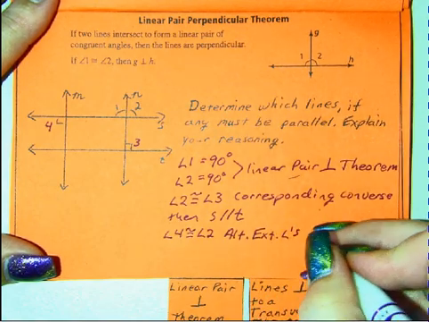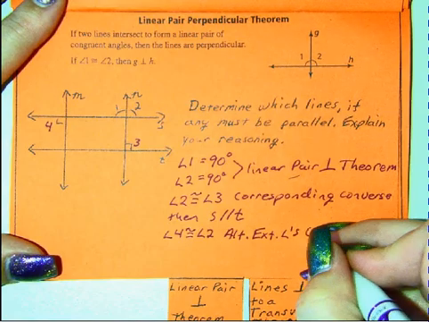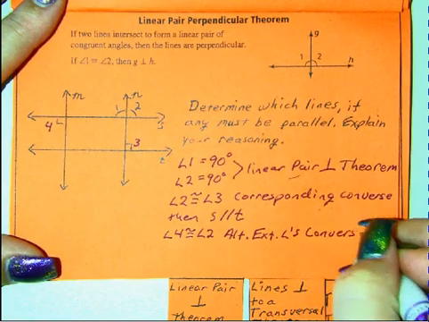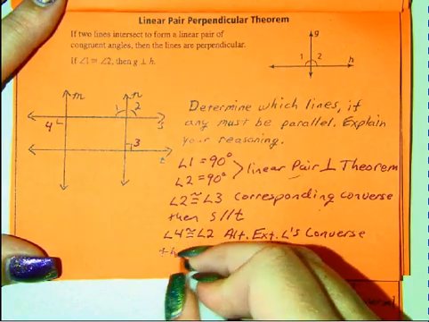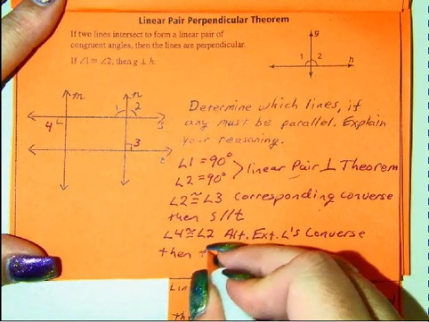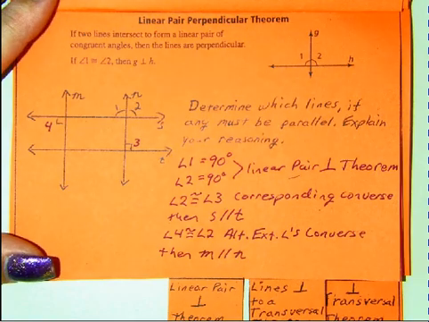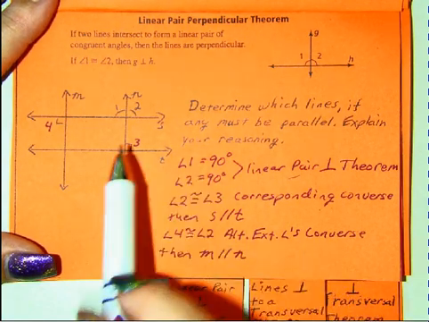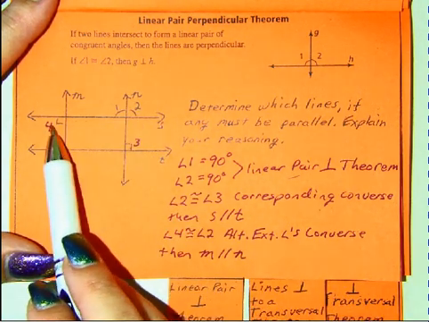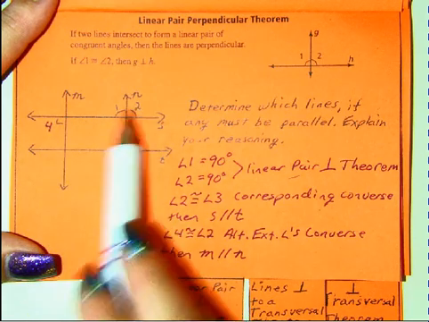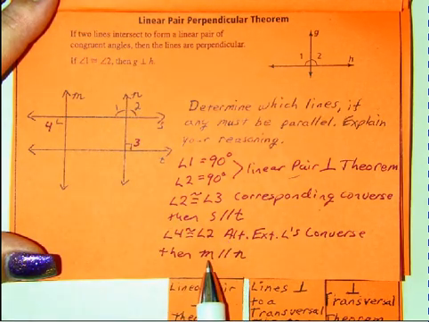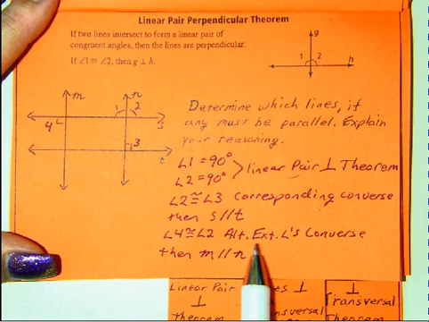So we can use the alternate exterior angle converse to say that then M is parallel to N. Okay, so we said this one's 90 and this one's 90. So then we know that M is going to be parallel to N. That was our alternate exterior angles converse.